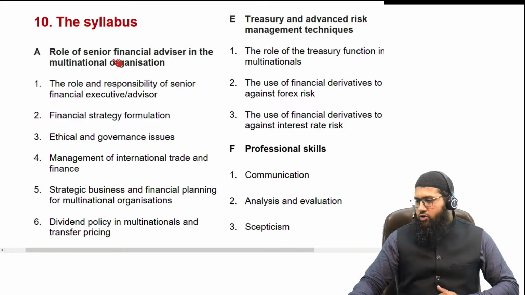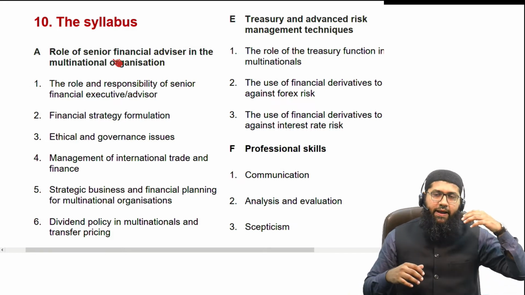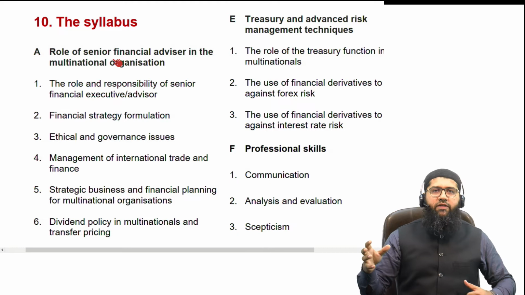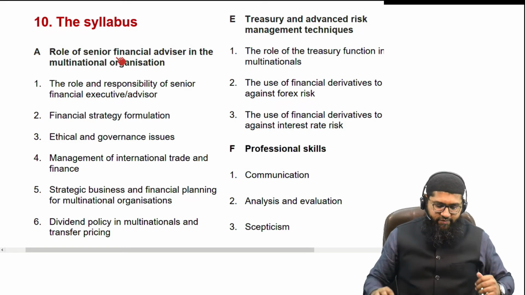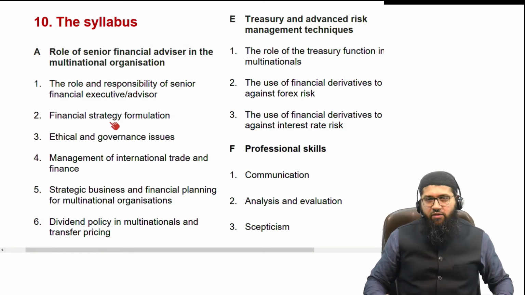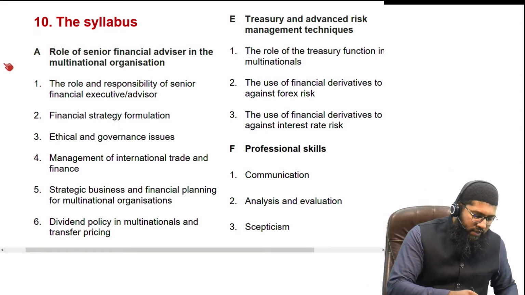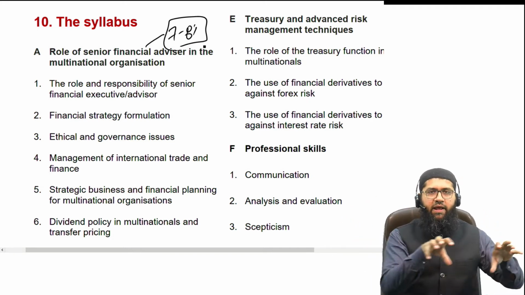Whenever you're looking after it, you got to make sure that you consider what the governmental policies are, what the financial management environment is, what different laws and regulations are prevalent, and what ethical aspects I need to look after. So you got to cover all those aspects. This is more of a theoretical aspect, but again, we're going to be discussing this area also. And to me, this could constitute around 7 to 8% of the syllabus, with some bits and pieces in the different areas of the syllabus.